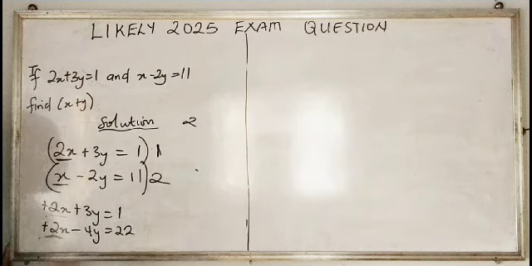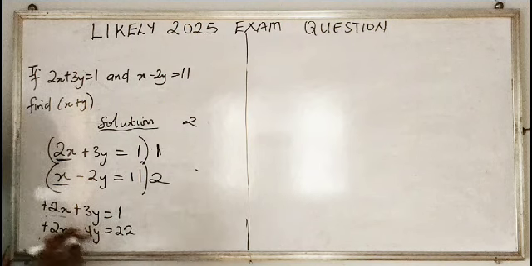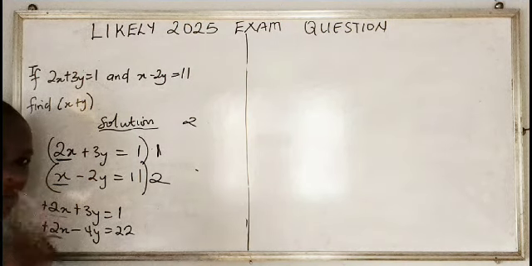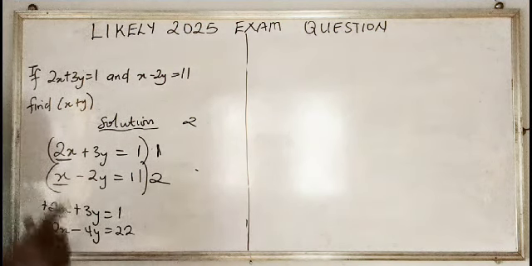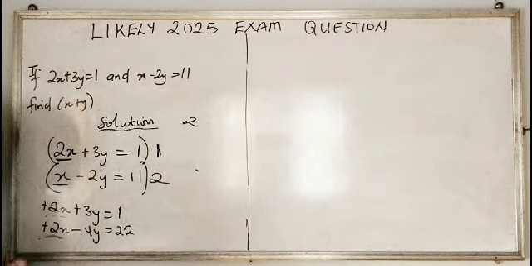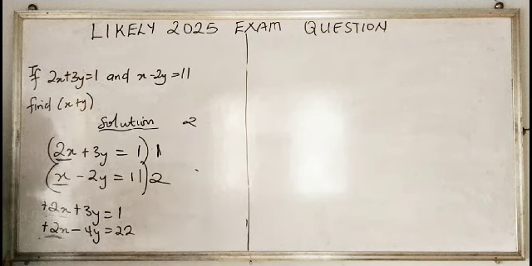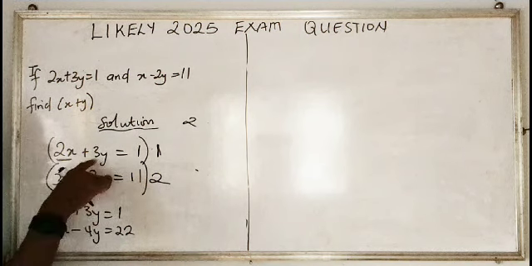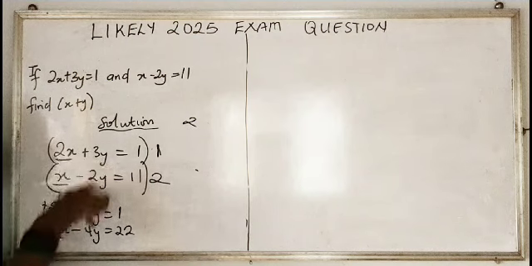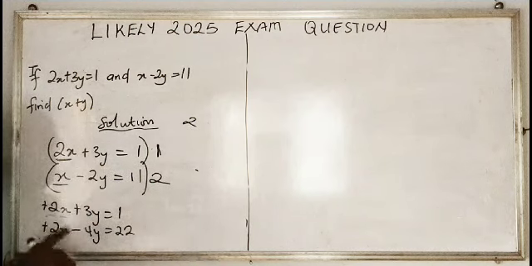Anytime the coefficients of the variable you want to eliminate have the same sign, you subtract. But if they have different signs, you add. So now let's assume we wanted to eliminate y. The signs of y here are different, so in this case, we would have added. But since we are eliminating x and their signs are the same, we will subtract.